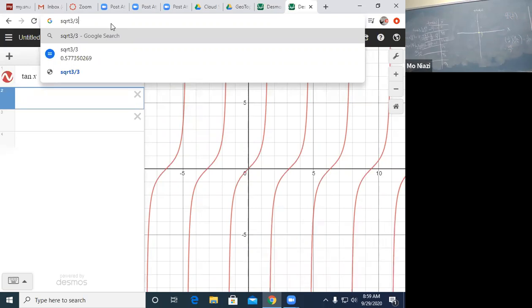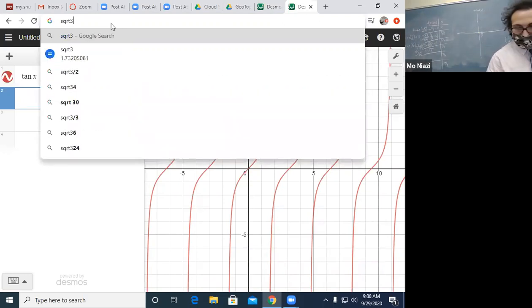So notice then 2's cancel and I get root 3 over here. What is root 3? I believe it's like 0.7. Oh, 1.7. Square root of 3 is like 1.7. Okay. So pi over 4 tangent is right here. And then pi over 3, it passes it right here to like 1.7. So notice it's just continuing to rise and rise and rise.